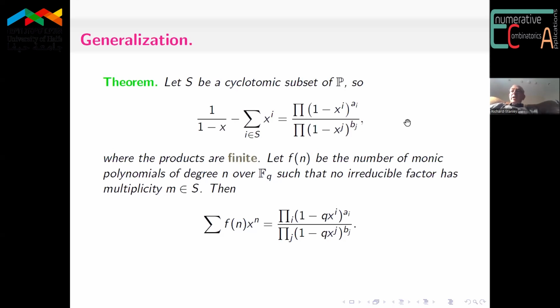And by exactly the same argument I just did for powerful polynomials, if f of n is the number of monic polynomials of degree n over F_q such that no irreducible factor has multiplicity appearing in S, then the generating function for f of n is this product. This is a finite product. We can expand by partial fractions with respect to q, and we can always get some kind of formula for f of n involving congruence classes modulo some number.